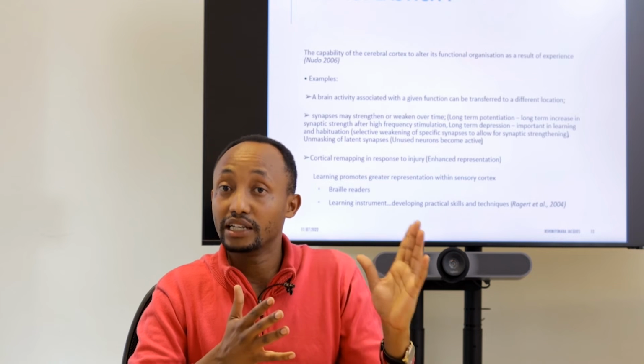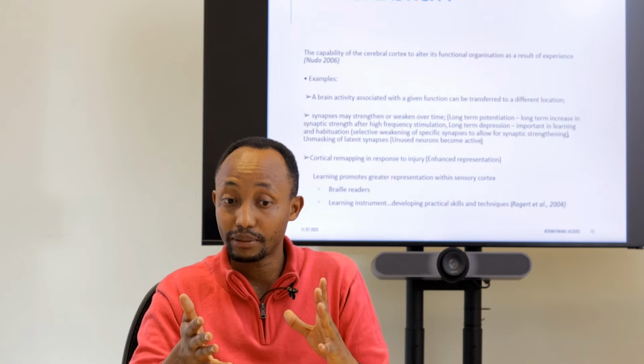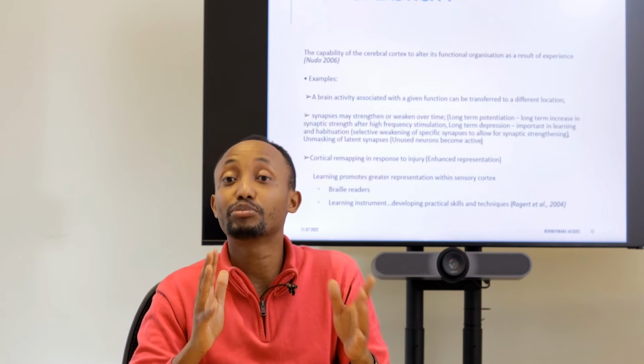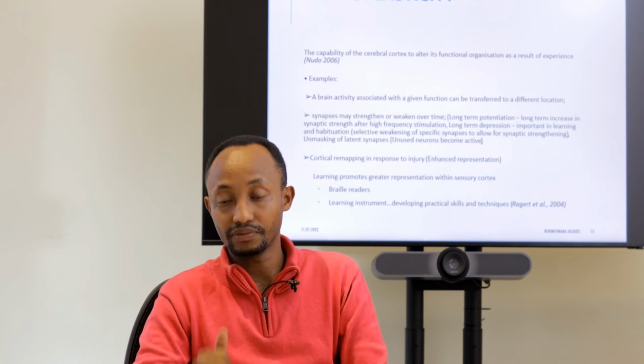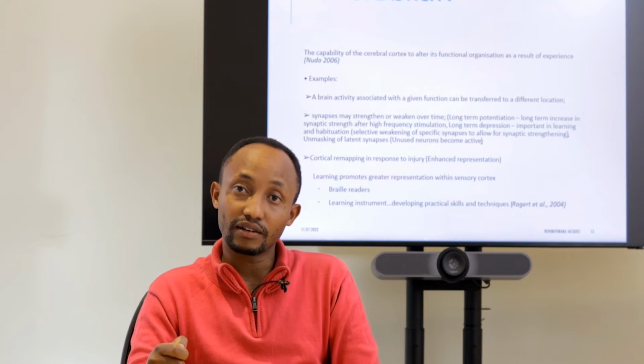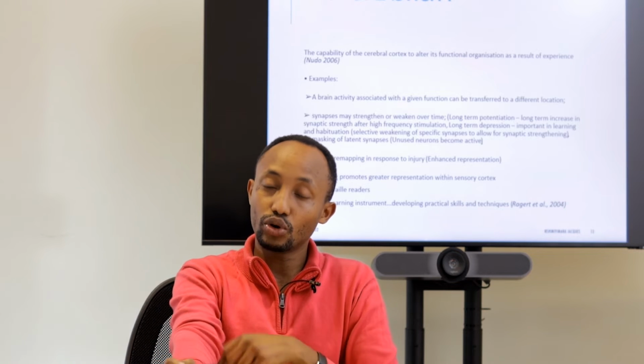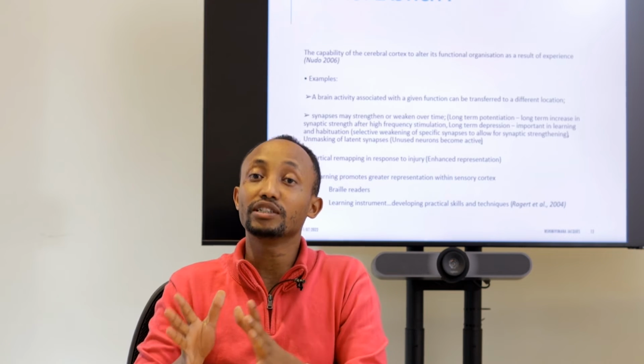But on the other hand, there can also be the weakening of the synapse, which we call long-term depression. This is when you're practicing a skill and you're making errors, you keep correcting. So those errors, you will keep avoiding them.